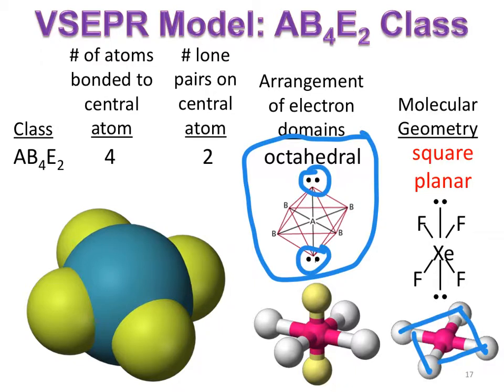Here xenon tetrafluoride is square planar. The bond angles are still all 90 degrees. There's no change on these. And this ends our classification for the valence shell model.